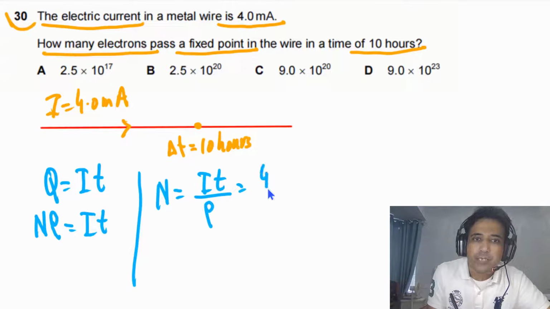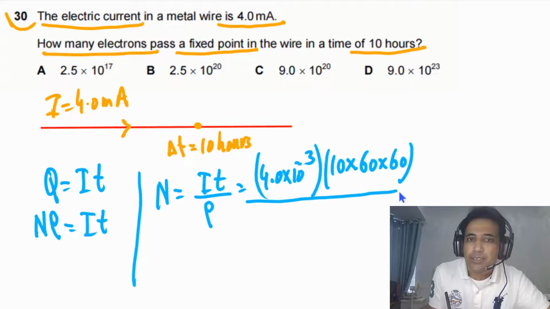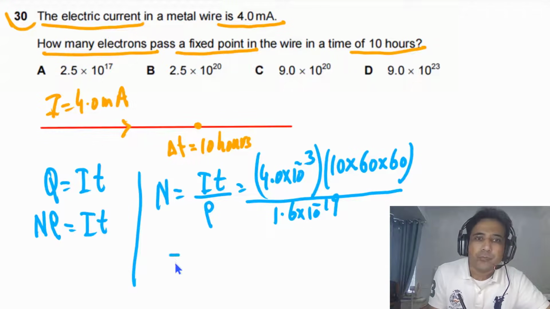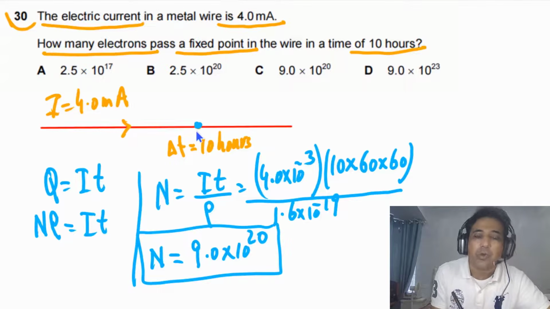The value of I is given, that is 4.0 milliamps, so 4.0 times 10 to minus 3, and the time is 10 hours, and 1 hour has 60 minutes, and 1 minute has 60 seconds, and we divide this by the charge on a single electron, that is 1.6 times 10 to minus 19. If we solve this, we will get 9.0 times 10 to 20 electrons passing through this single point.